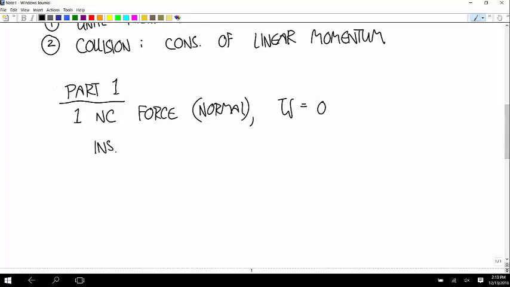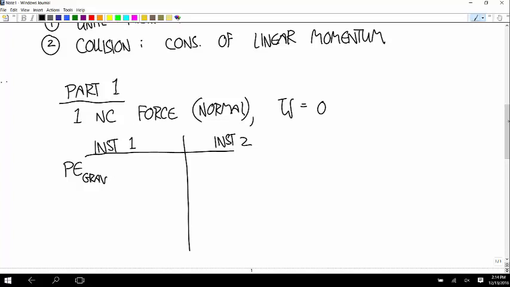So we can set it up. Instant 1 is when it's at the top of the hill. Instant 2 is right before the collision. At the top of the hill, we have to figure out the gravitational potential energy.